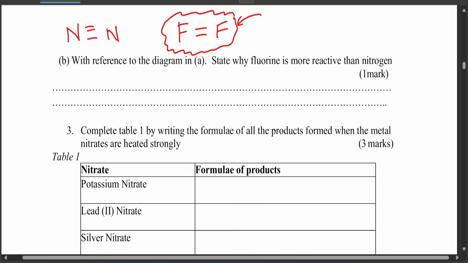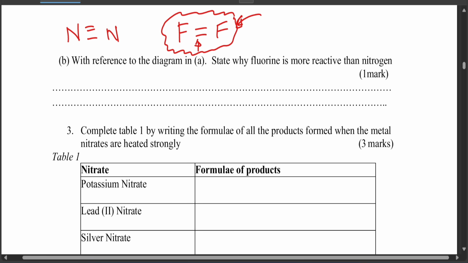And remember that reactivity is all about the easiness of losing or gaining electrons. So the easier it loses or gains electrons, the more reactive it is. So in this case, fluorine is more reactive because there's an easiness of gaining electrons, since the bonds can be broken more easily than the nitrogen one.